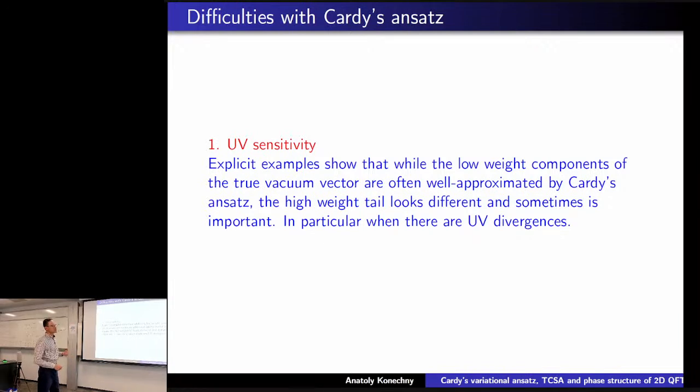And sometimes the tail is important. It's important to calculate the correct energy, and also sometimes for the correct expectation values of other operators. It seems to be linked to ultraviolet divergences. For example, on the Ising zero magnetic field line you have a logarithmic divergence, and that seems to influence the UV tail.